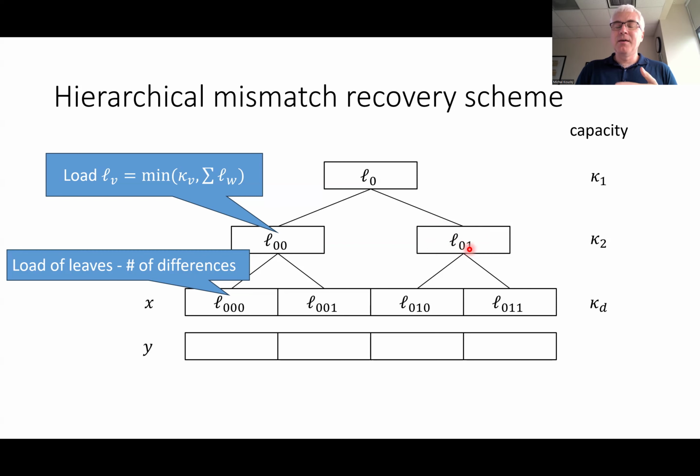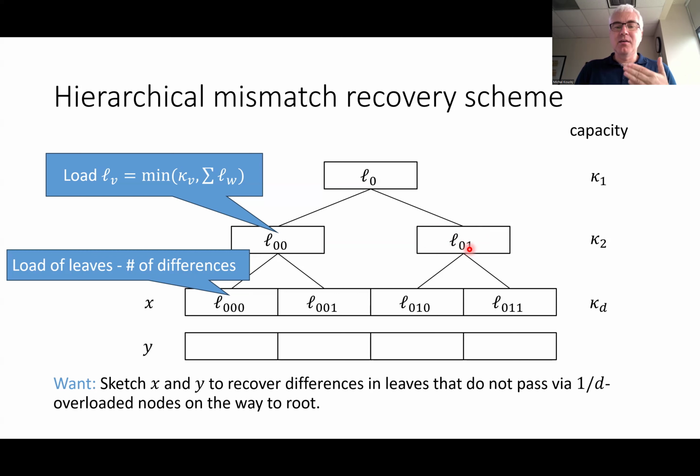is overloaded. In our application, we want to recover differences from blocks which, on the way to the root, pass only through nodes whose capacity is always bigger than the node's load by a factor D, where D is the depth of the tree.